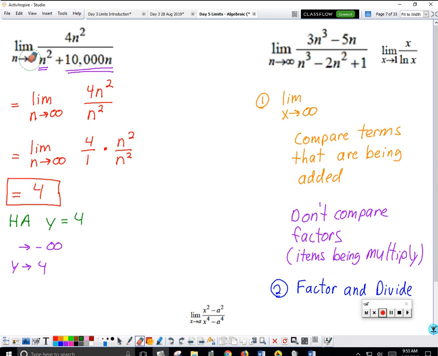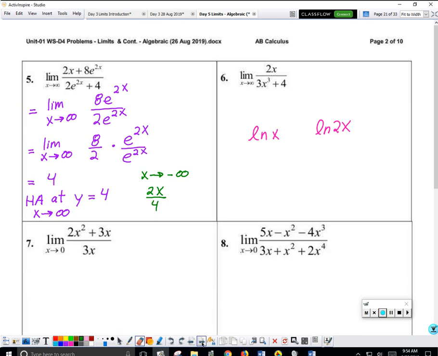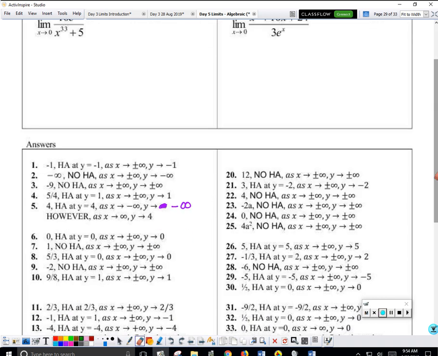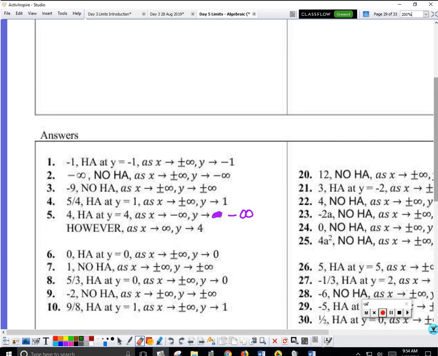Perfect. If you look at the packet, look at the very back where the answers are. What you're searching for on these problems is, first, to find the correct limit.